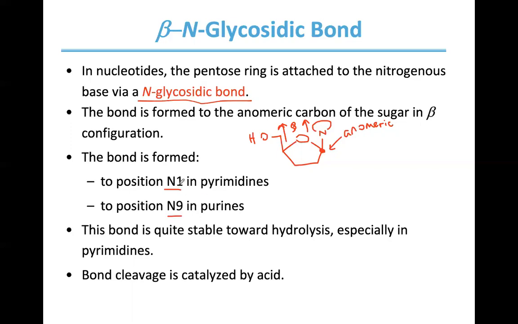Now, as far as the nitrogenous base, remember, as far as numbering goes, in pyrimidines it will be nitrogen N1, and in purines it will be nitrogen N9. So let's try to draw that.